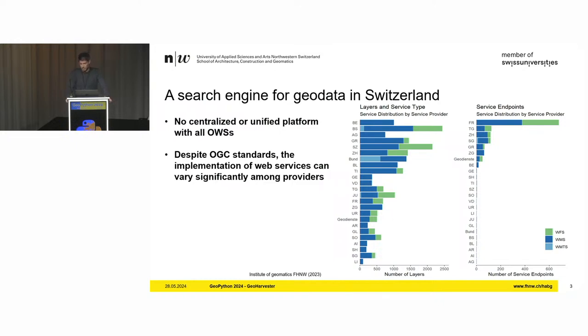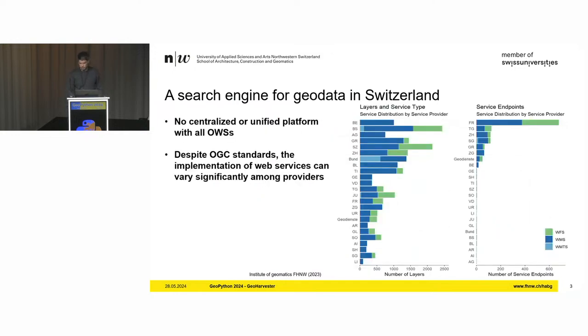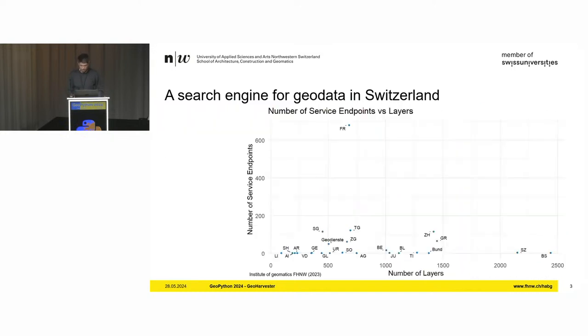Of course, there is a standard for it, the OGC standard for the development. But as you can see, some of them are using one service endpoint for each layer, and others are just putting all the layers in one service endpoint. You can connect to the service endpoint and retrieve all the data.